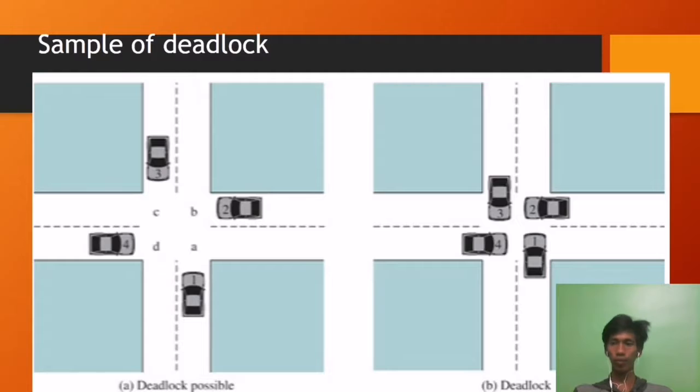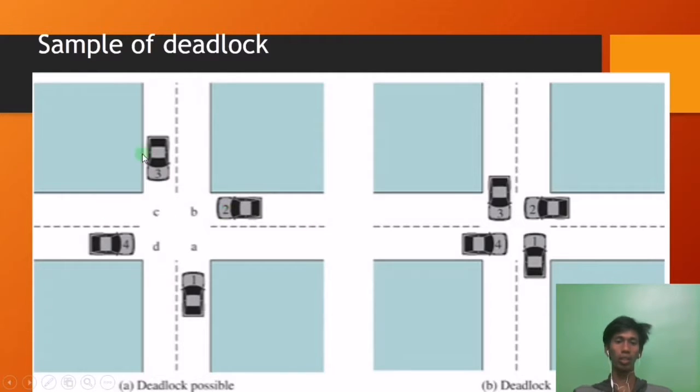This causes a potential deadlock. It is only a potential deadlock because the necessary resources are available for any of the cars to proceed if one eventually chooses to proceed.